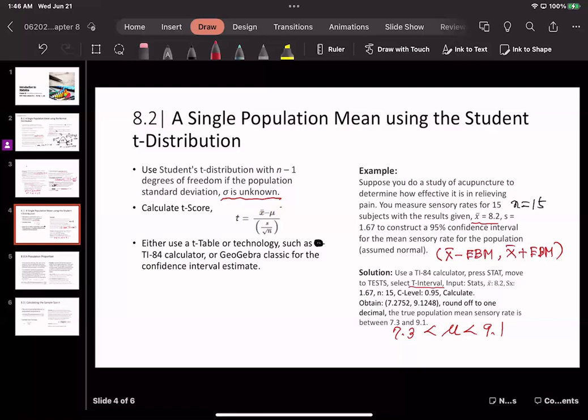When sigma is unknown, we use this t-distribution. Remember that. Technology makes it very easy. Even with computer software like GeoGebra, we just need to choose the t-estimate for the mean.